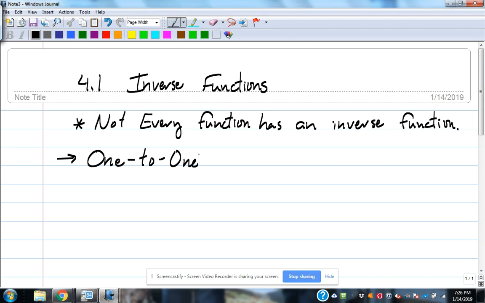1-to-1 functions have inverse functions. So Teresa said something earlier about not repeating the x values to make something a function. So that makes it a function. To make it a 1-to-1 function, you can't repeat x values.